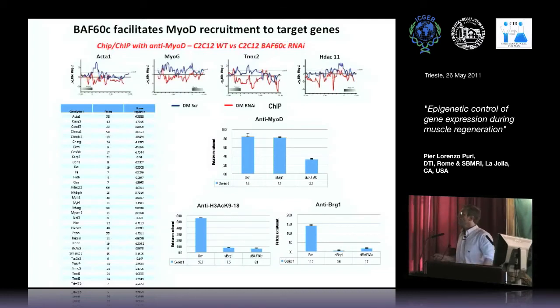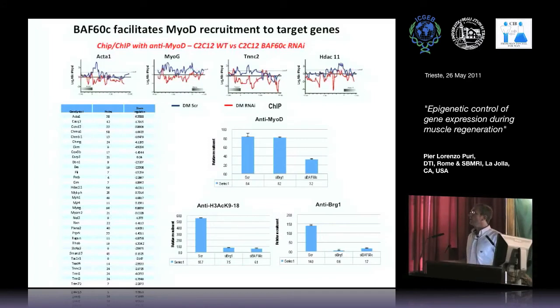So we therefore decided to understand whether BAF60C has an active role in recruiting MyoD on target genes. So we knocked down BAF60C, and we made a ChIP-on-chip analysis on known MyoD target genes. Those are all known MyoD target genes that have been described by Tapscott and by Intl.